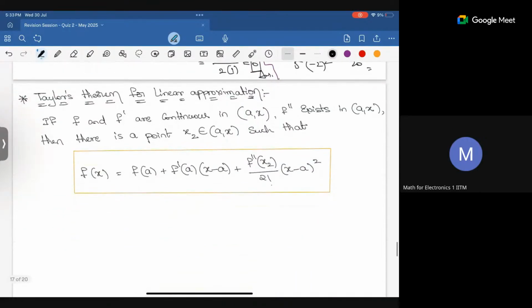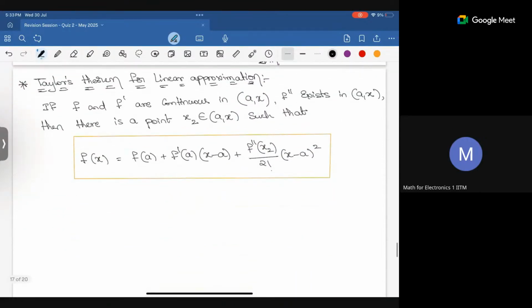All right, so let's come to our final topic, which is Taylor's theorem. And again, as quiz 2 is a time-bound exam, Taylor's theorem of higher order is very time-consuming, right? You have to compute more and more derivatives at a particular point, and for that, you have to compute more expressions.